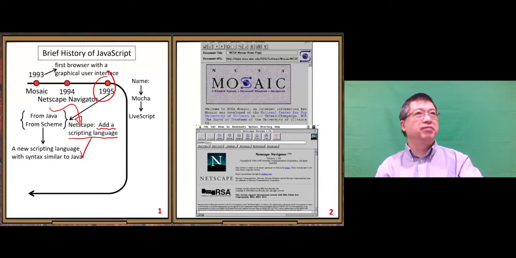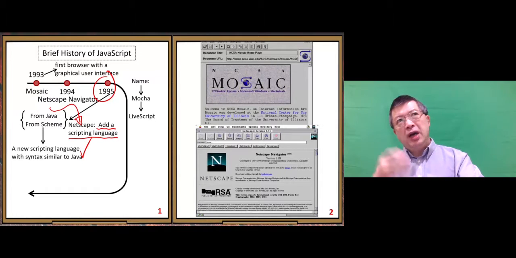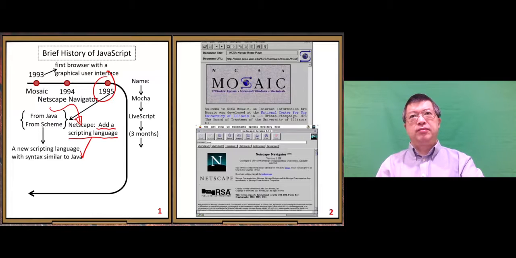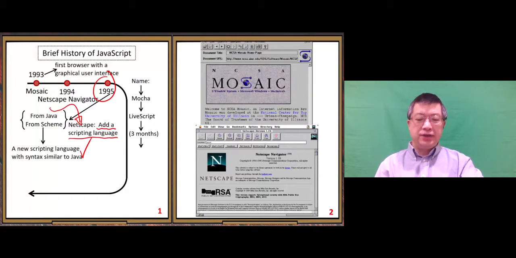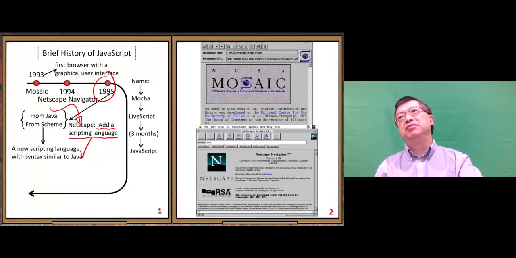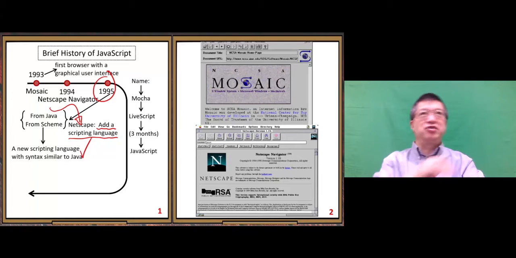LiveScript. Then after only 3 months of using this new name, they felt they needed to change to another name. So then they called it JavaScript. That was the first time they called it JavaScript.